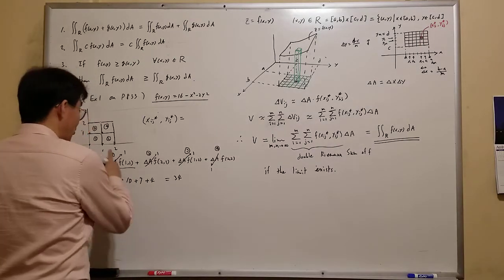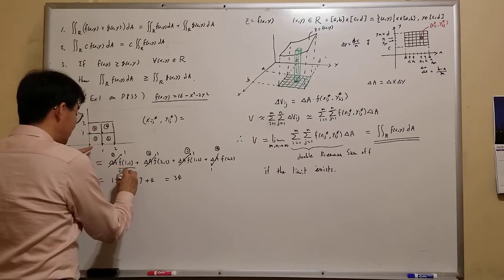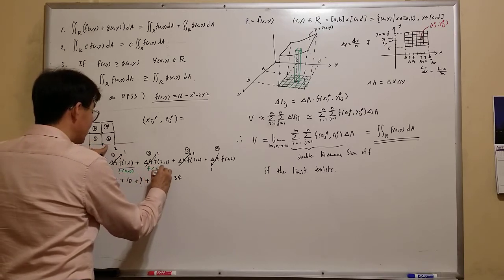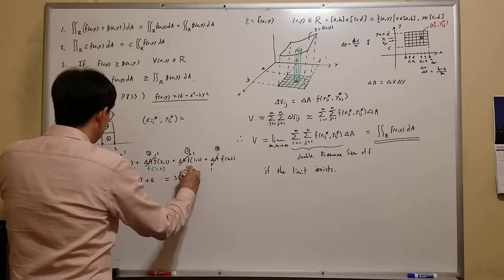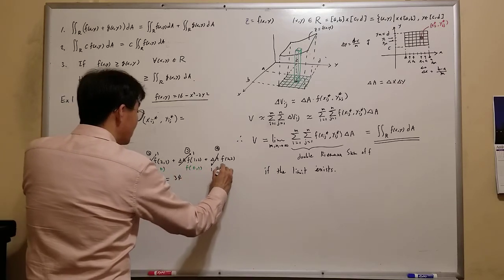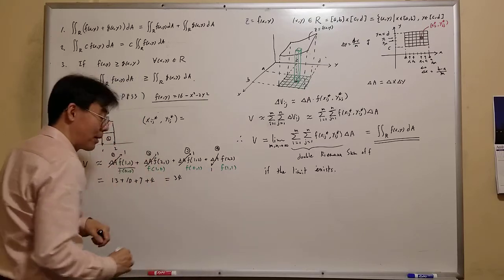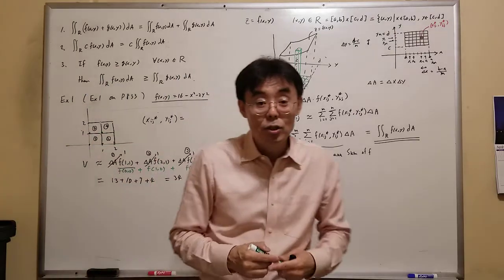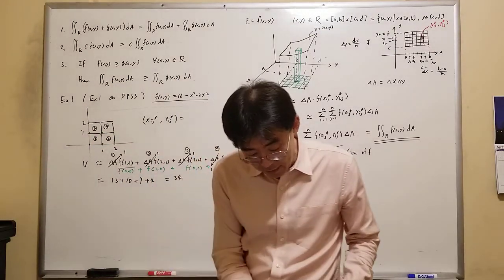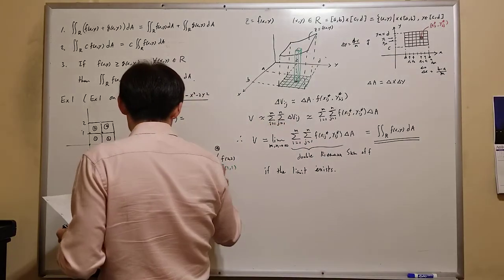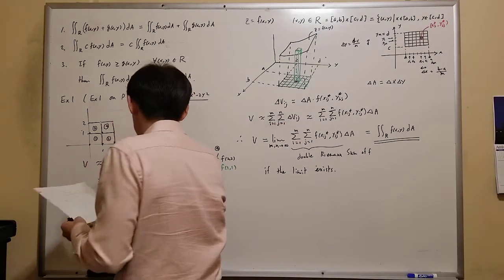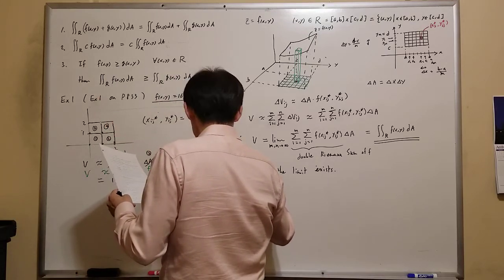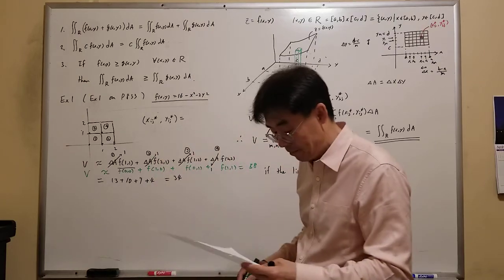In that case, we'll have to use f of 0, 0, here f of 1, 0, here f of 0, 1, and f of 1, 1. That would be the approximate value using the lower left corner. And if you calculate it, you'll find that it is 58.